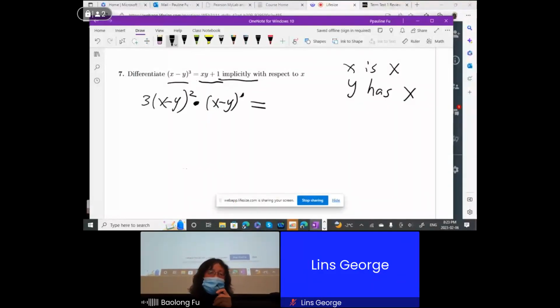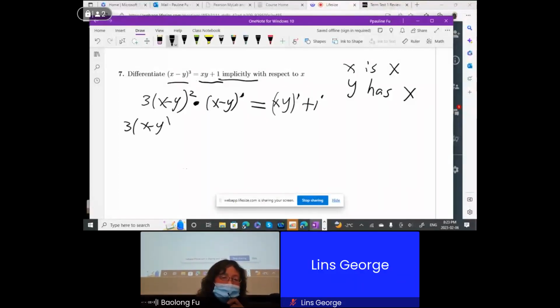So the derivative of x minus y is x derivative minus y derivative.